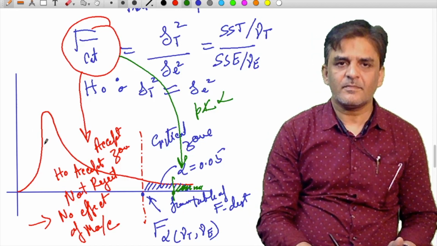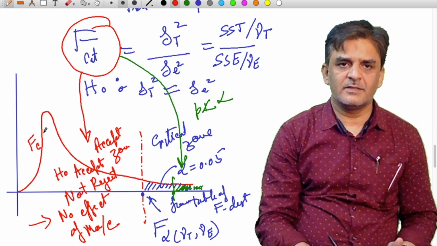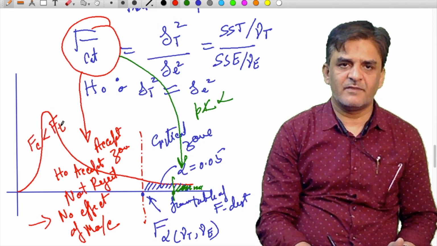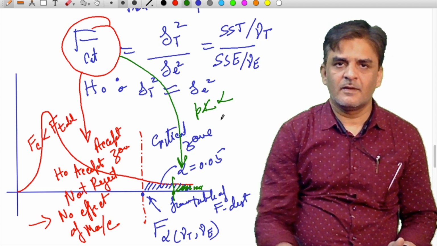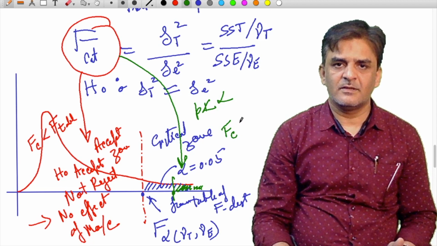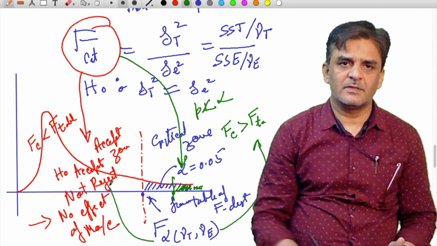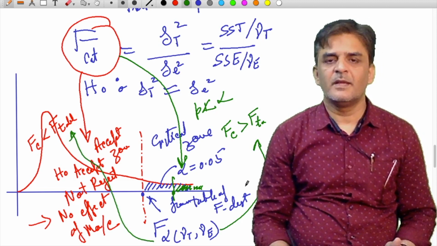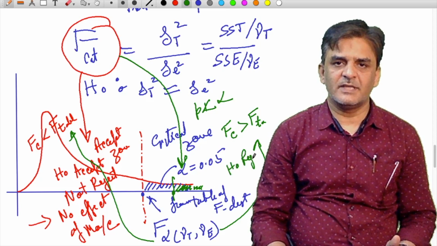Here F calculated is less than F table. Here F calculated is more than F table value. This is the F table value. Then in that case H0 is rejected.